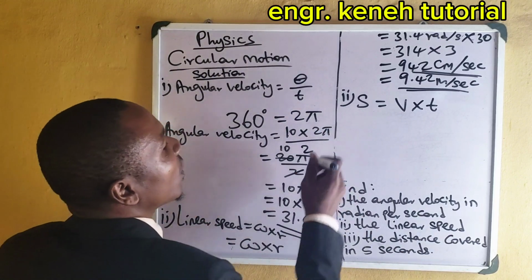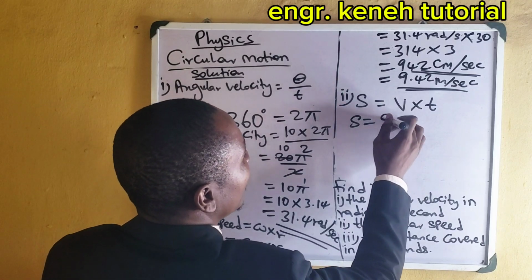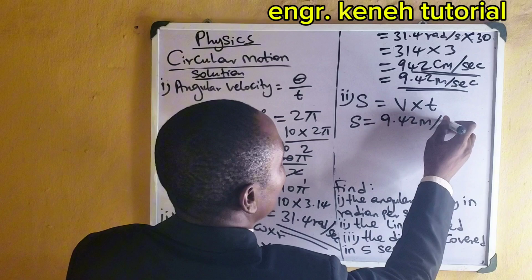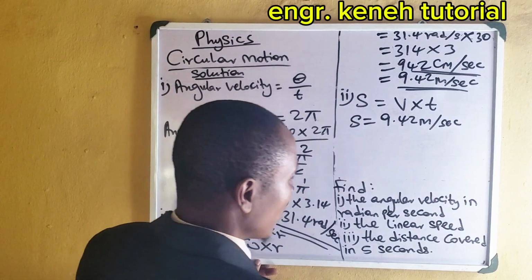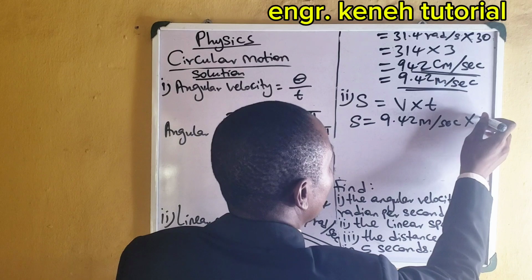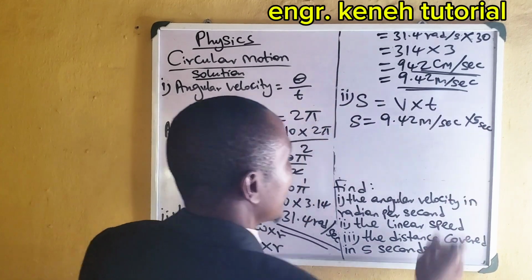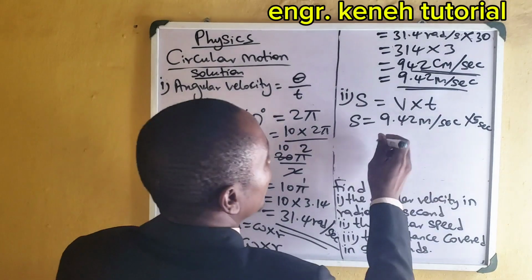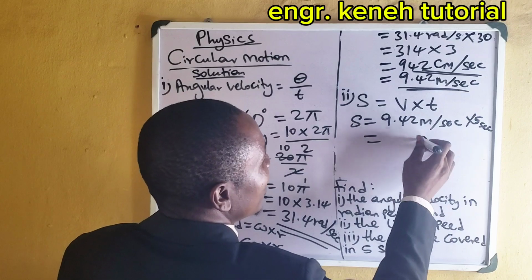So s is equal to v times t, which is 9.42 meters per second times 5 seconds. We use 5 to multiply this. When 5 multiplies 2, it will give us 10. Write 0, carry 1.